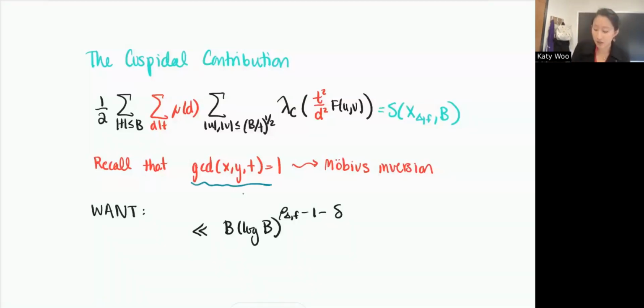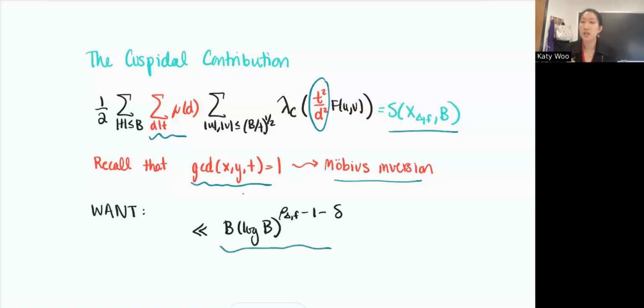And after the appropriate Mobius inversion, we get this extra sum over divisors of t of mu of d. And then instead of a t squared f of uv, we have a t over d squared f of uv. And so this we'll denote as S of xb, and it's the cuspidal contribution. And so what we want to show is that this is less than b log b to the rho minus 1 minus some positive delta, because that means that it'll be less than the main term.